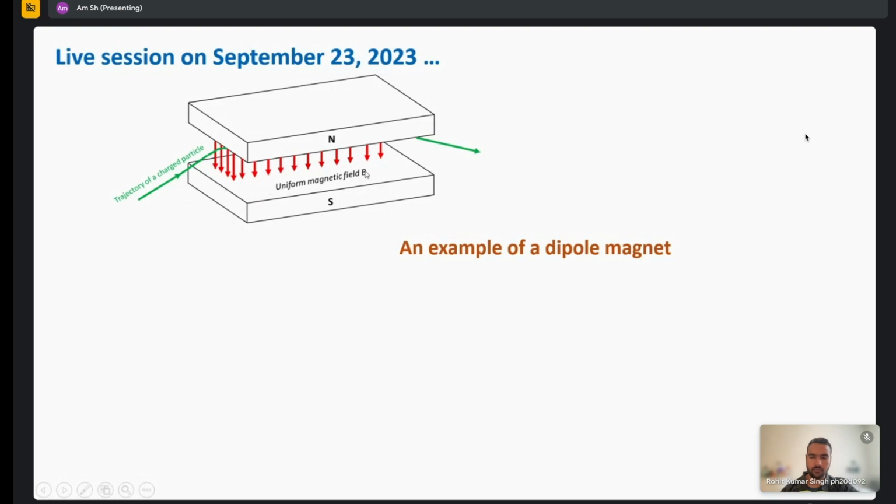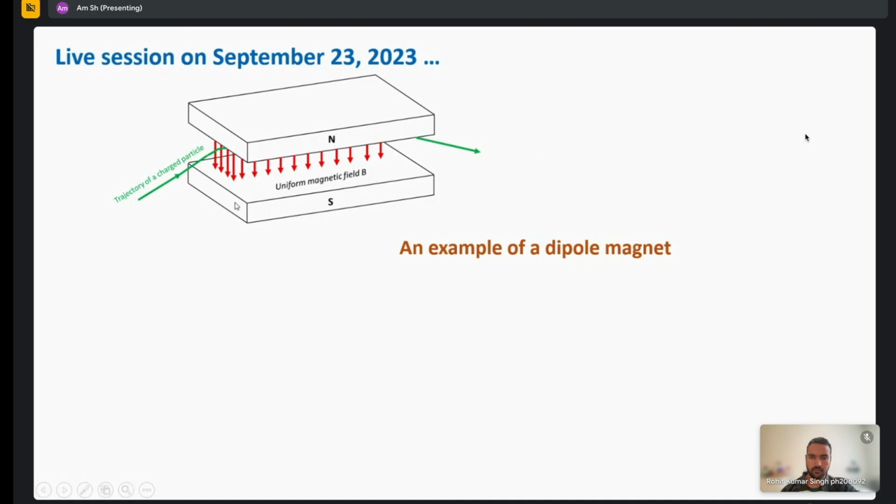Near the edges, there will be variation in the field with distance, but well inside the magnet body, the field will be uniform. Suppose a particle comes from here, this is the green trajectory, and it enters the field. It will make some circular path and it will exit from here. So this is the basic idea of a dipole magnet.